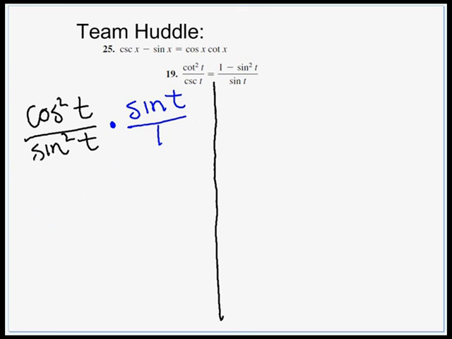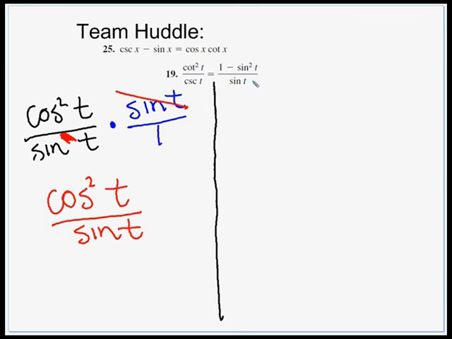So we can see on the diagonal we're going to have some cancellation. This sine wipes out one of these from the sine squared. So let's see now. We're left with, if we multiply straight across, cos squared of t divided by sine of t.